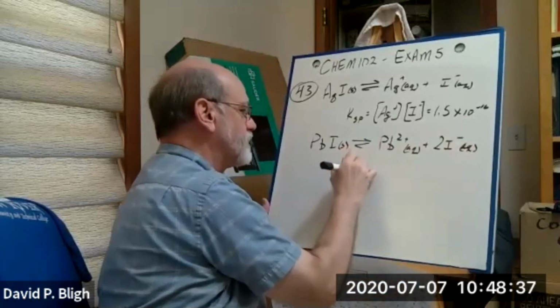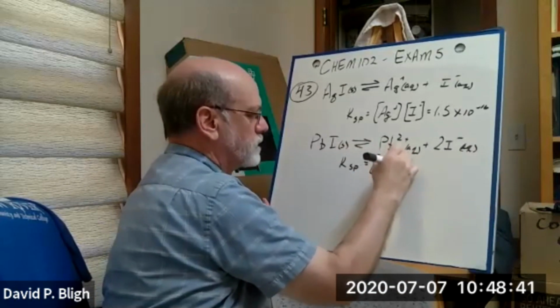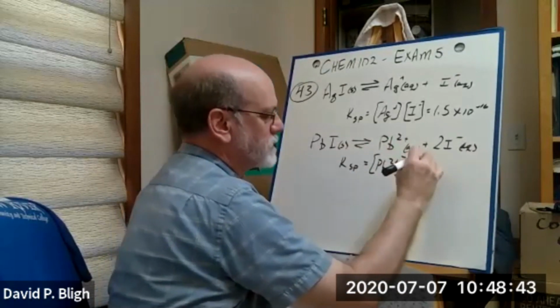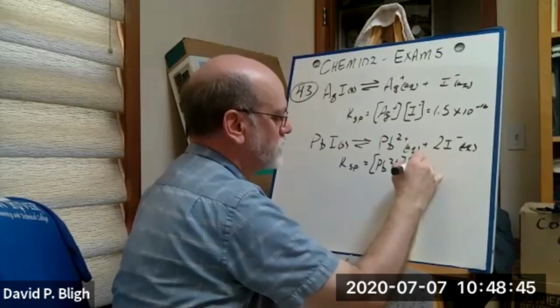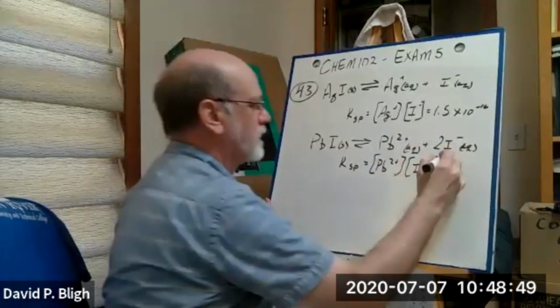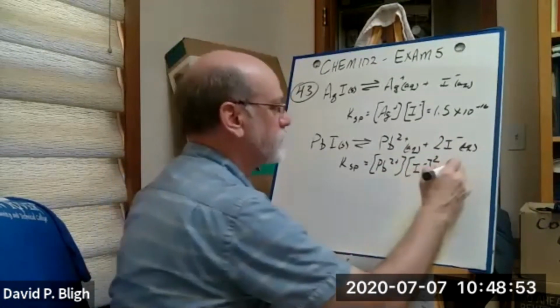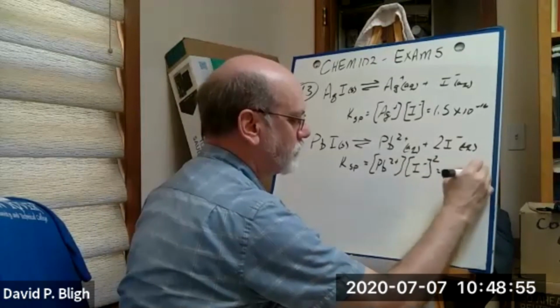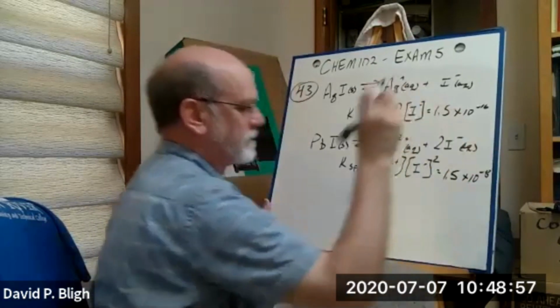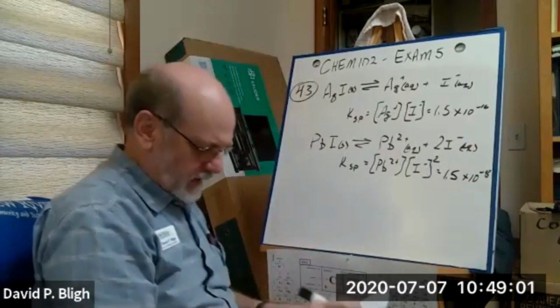And the KSP for this one is that, squared. And that value is 10 to the minus 8. Okay.